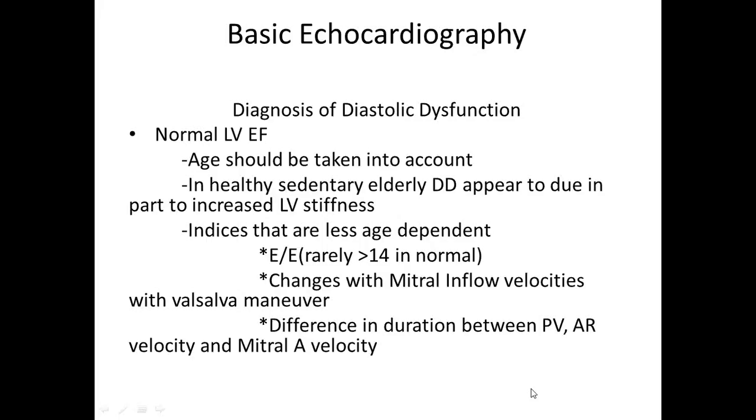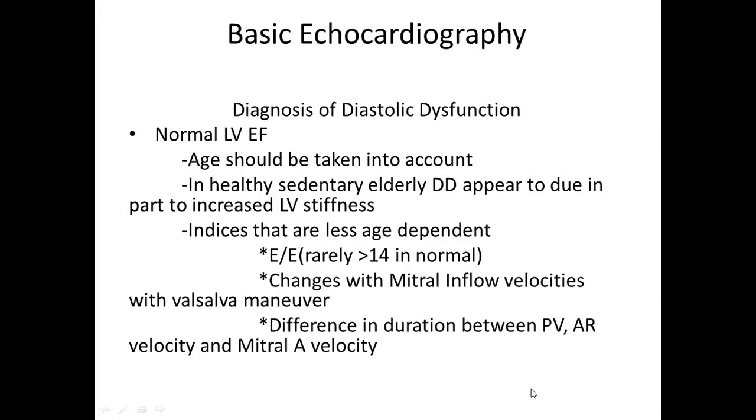We look at some additional parameters that will be affected in diastolic dysfunction. In addition to mitral inflow, your E and A velocity and your IVRT, we look at tissue Doppler imaging and mitral annular velocity.